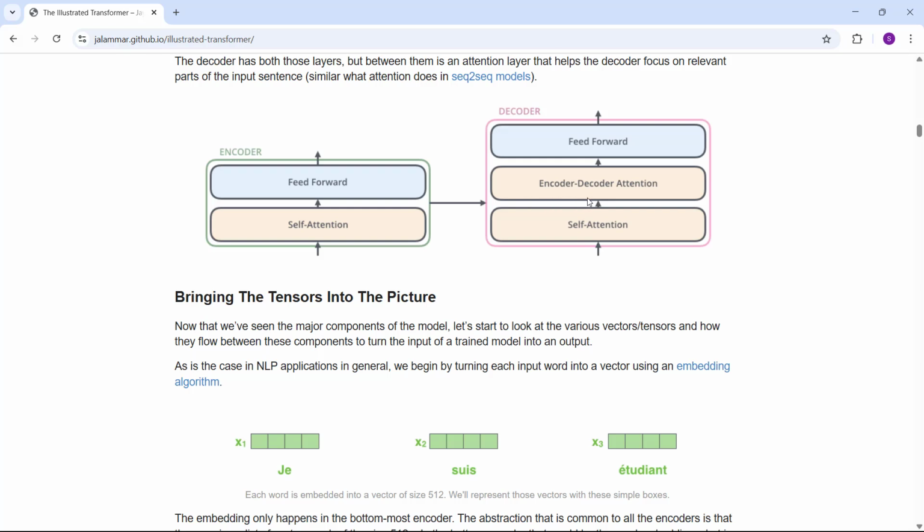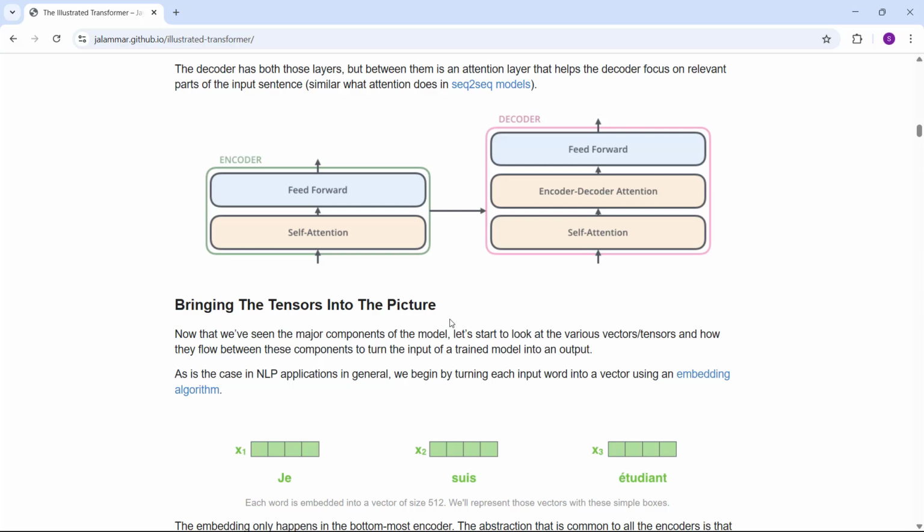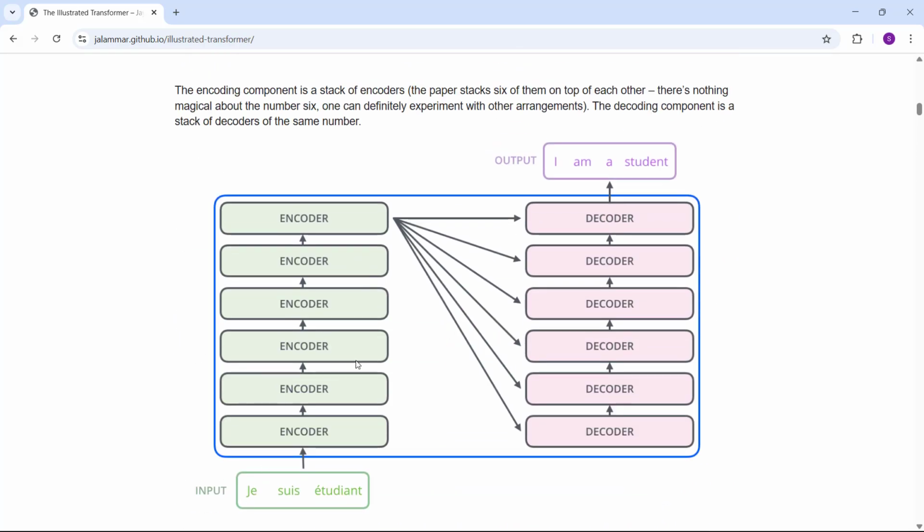Because of this encoder-decoder attention, the model understands that the Spanish word Yo is related to the word I, okay? And Soy is related to the word am, right?